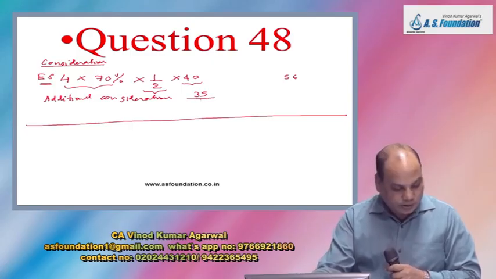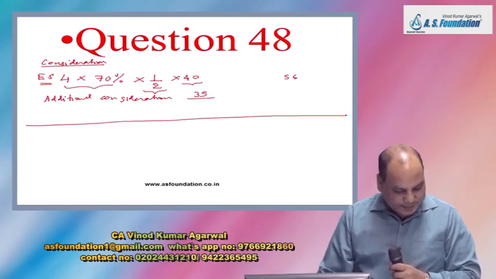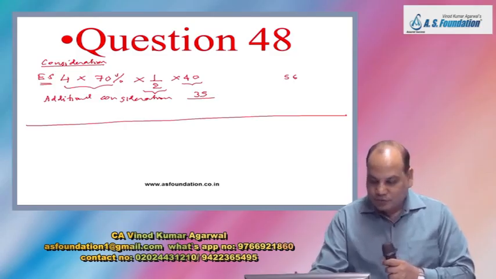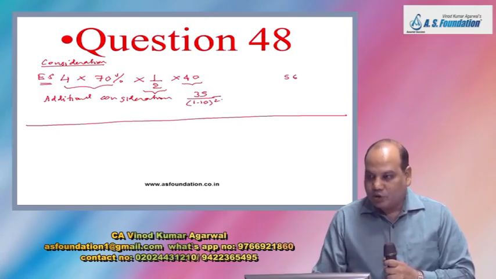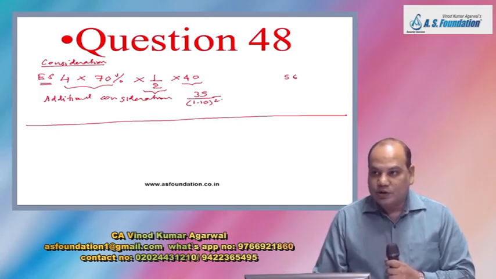So we have to divide by the discount rate. Where is the discount rate? Search for the discount rate in the problem. If it is not given, we will assume some rate. Okay, so let us say we'll assume 10%. So the present value of this additional consideration will be based on 35, the higher of the two, 35 lakh or excess profit.